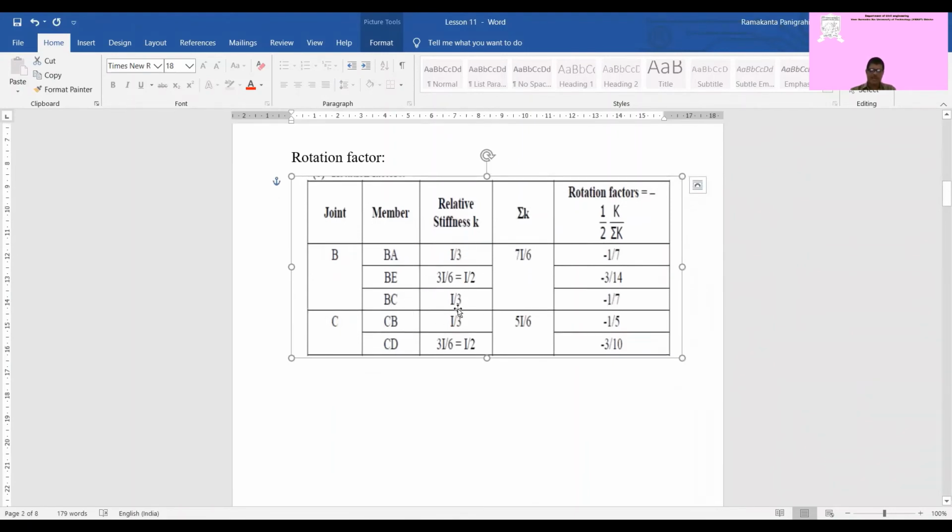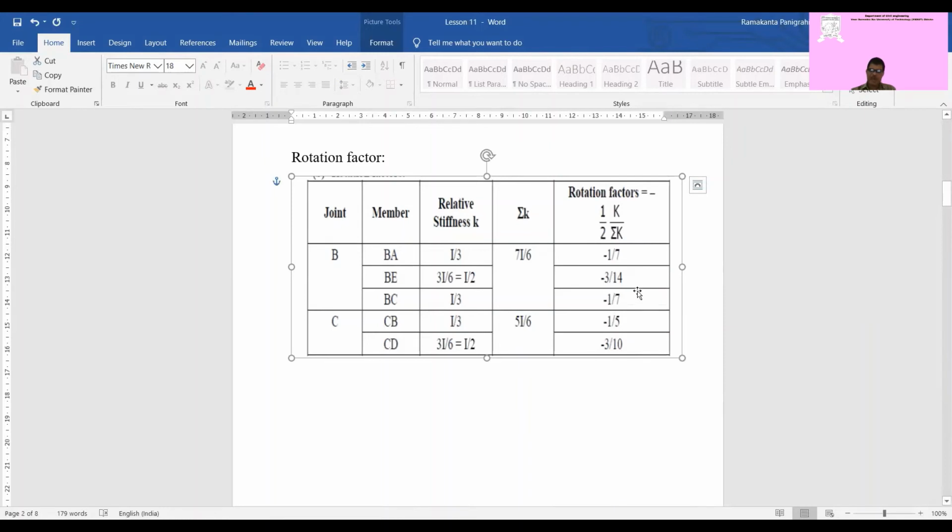All are I by L, only the center beams are 3I, so put 3I by L. There is no hinge or roller support, so calculate the sigma K and then the rotation factor. The rotation factors come out to be minus 1 by 7, minus 3 by 14, minus 1 by 7.